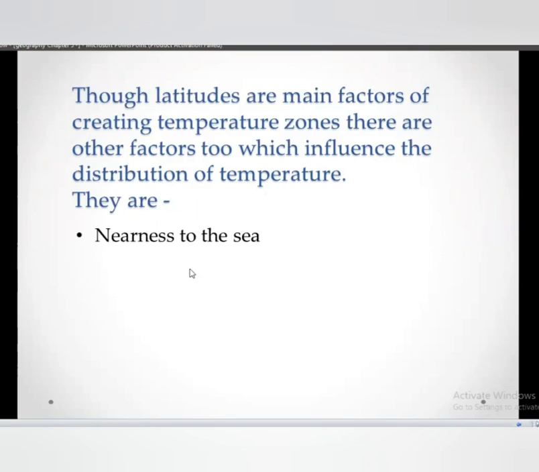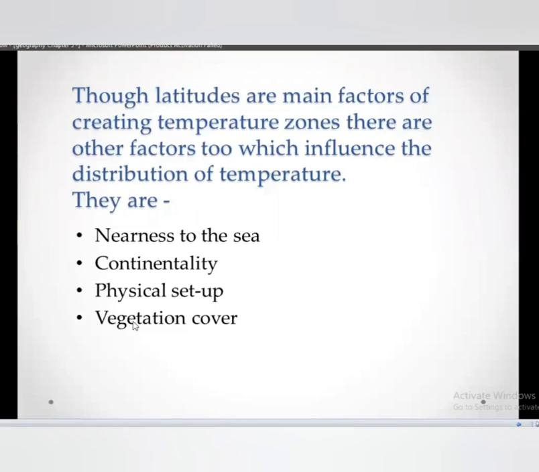Next, continentality, which means the area is near to the sea or is far away from the sea. Physical setup means the height and depth of the land. Vegetation cover means the availability of plants and trees.